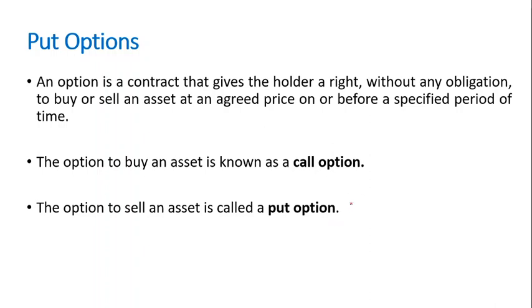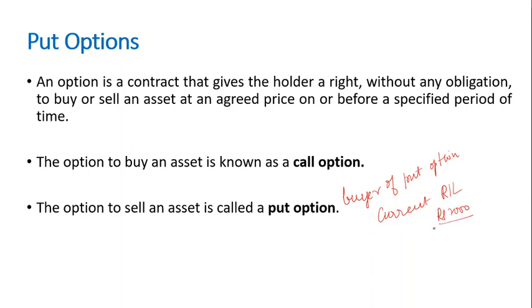Now, why would a person like to buy a put option? Because the buyer of a put option is of the opinion that in future the prices will fall down. So let's assume that the current price of a particular share, Reliance Industries Limited, RIL, is rupees 2000.